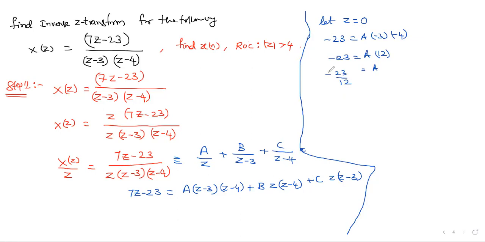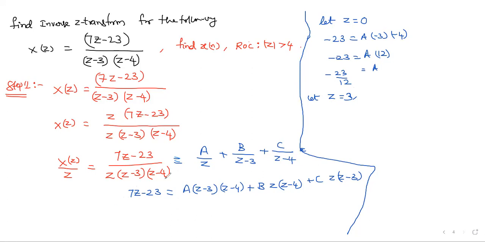Now, let z equal to 3, because one more root is z minus 3, right? So let z equal to 3. So the a term will become 0, the c term will become 0, only the b term will be there.